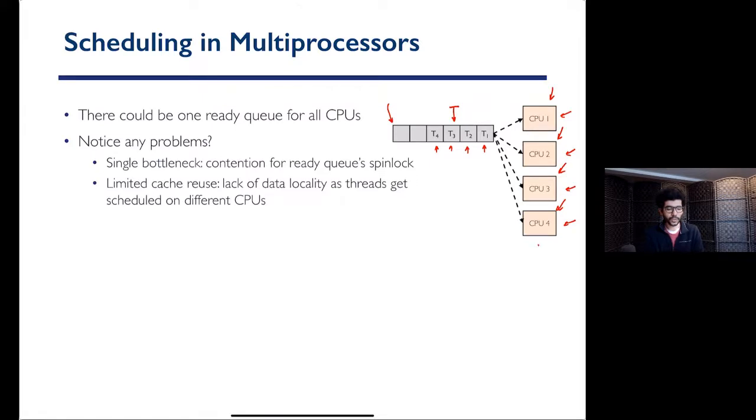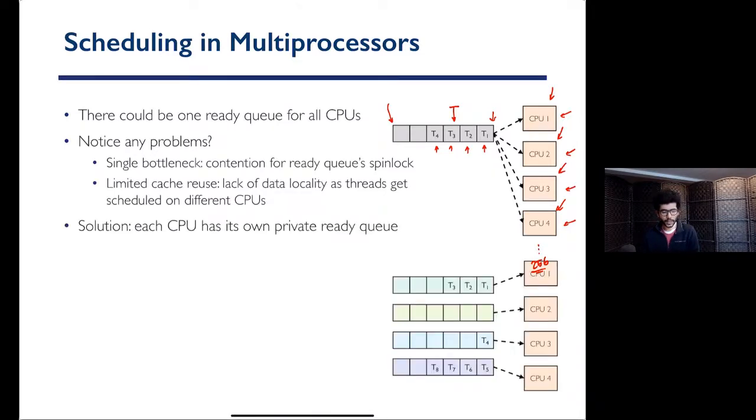If I have 256 CPUs, they're going to contend for locking this to dequeue tasks, and that is very, very bad. No matter what kind of lock you use, even the locks that we talked about, it's still going to have a high impact on your performance, especially as the number of CPUs goes up. So we're not going to do this.